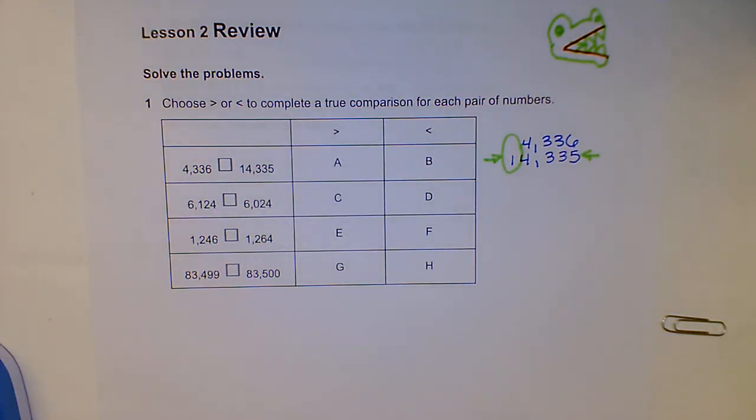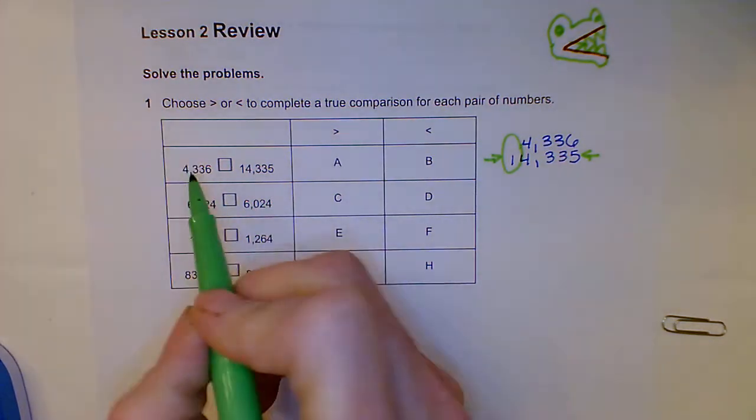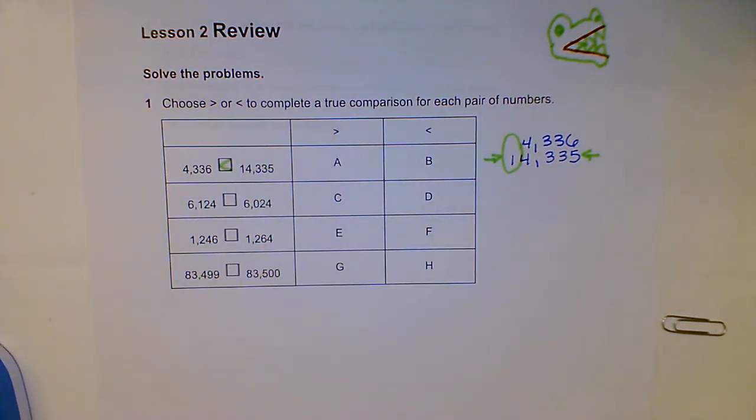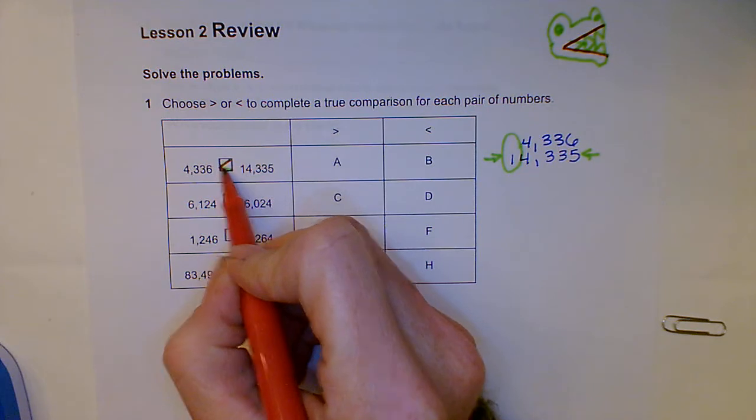And there you go. All right, so we figured out that this bottom number, 14,335, is larger, so I'm going to make my alligator eat the larger number. And here's where this comes in.